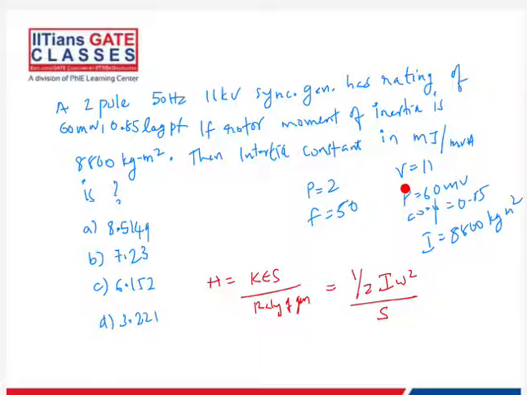So we know I, which is given as 8800, but we don't know omega. But what is omega? Omega is 2 pi f. F is given as 50, so it is 100 pi.